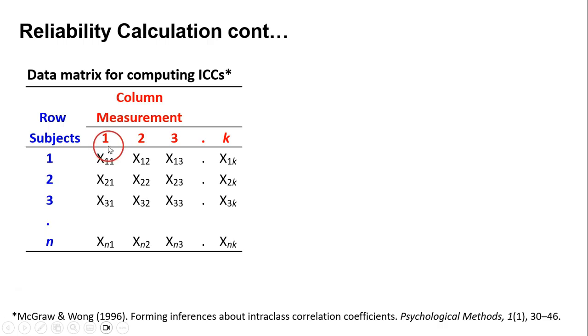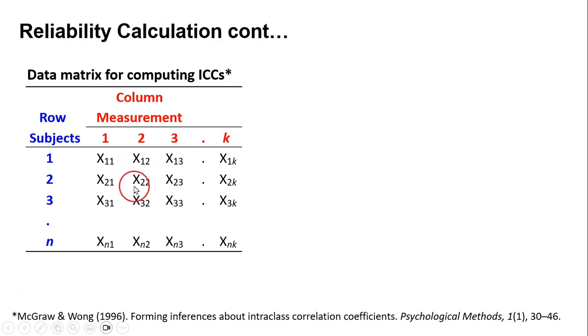These values that you see here for the columns could be a rater that's rating a behavior on 3 different occasions, etc. What is important here is that we have rows of data, labeled in blue, that represent the subject responses across the different measurements.